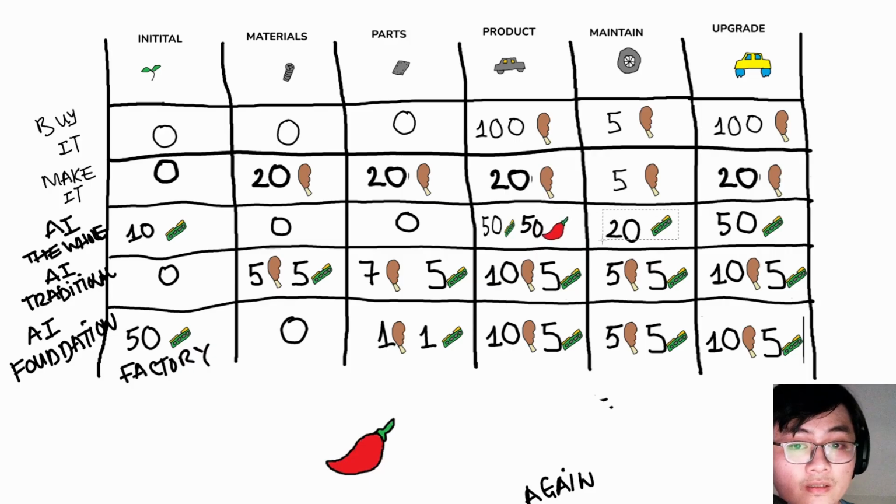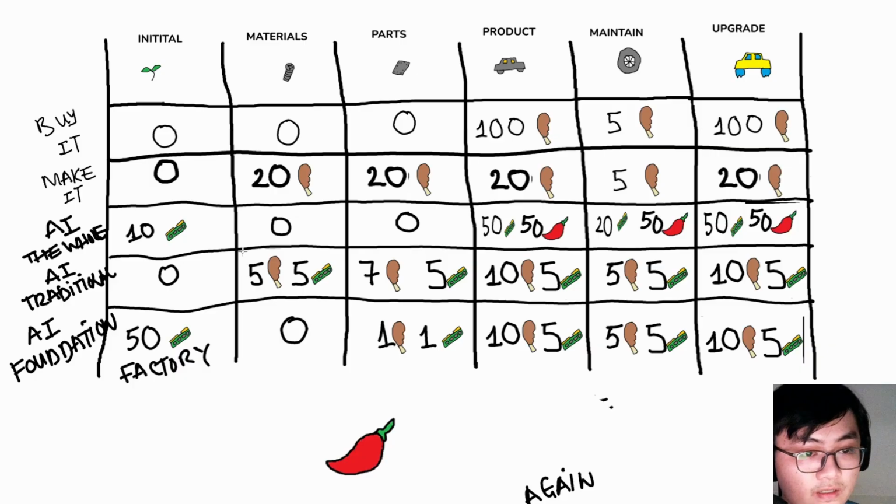And to maintain it, I think it also should be 50 unreal power. And for the upgrade, I think I can make it 50 unreal power also, like that.